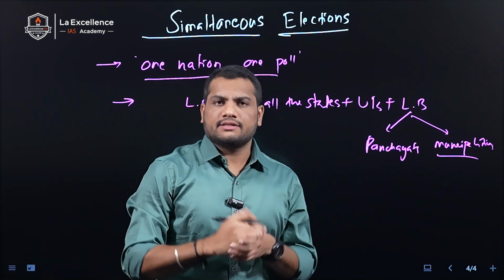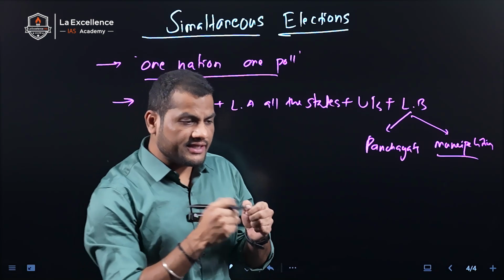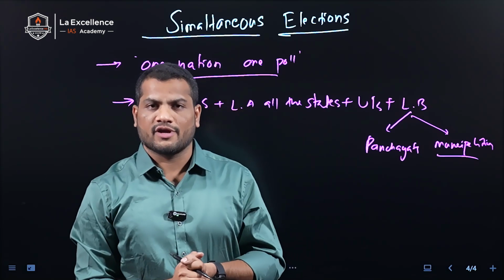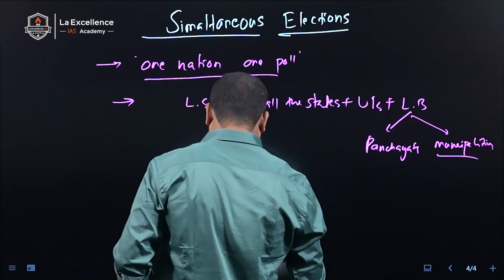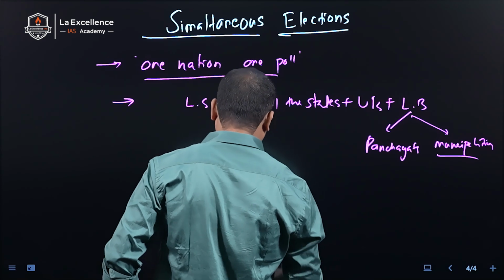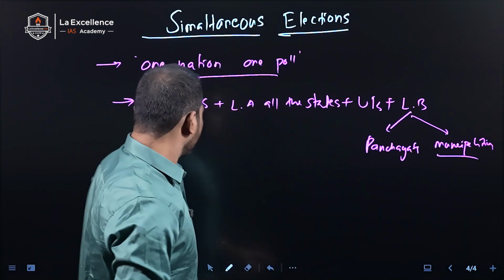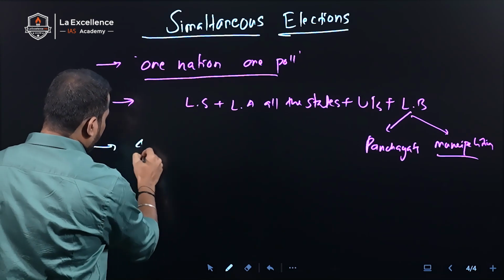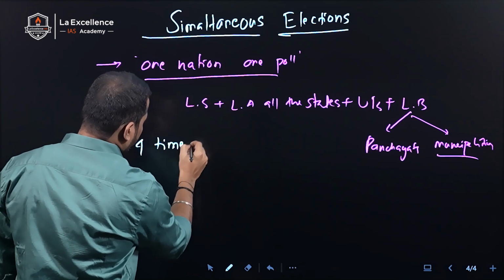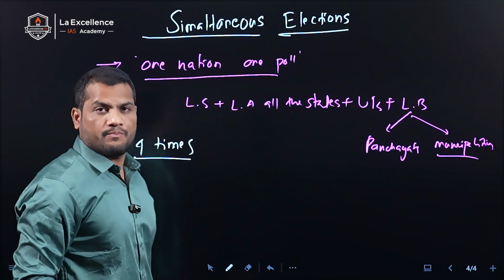But is that correct? Is simultaneous election new to India? No, not at all. Because simultaneous elections happened in the beginning, when we got independence. Till now, 4 times simultaneous elections were held in India.